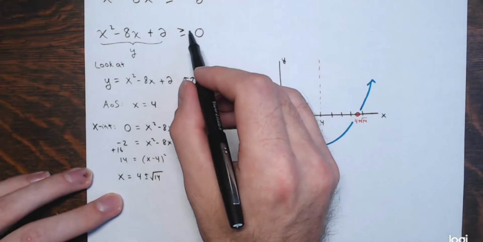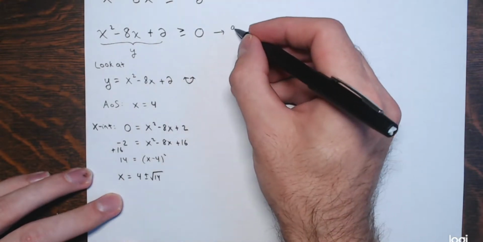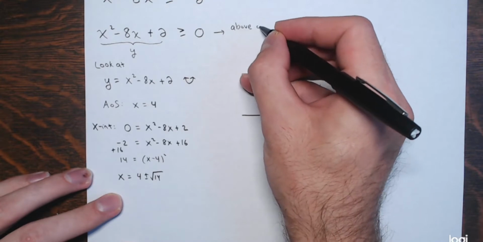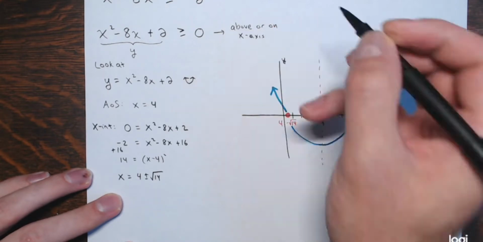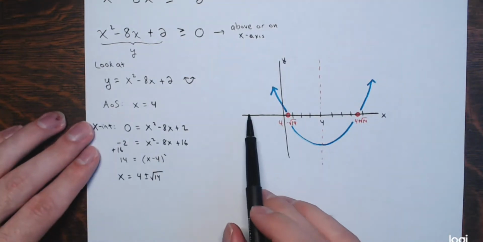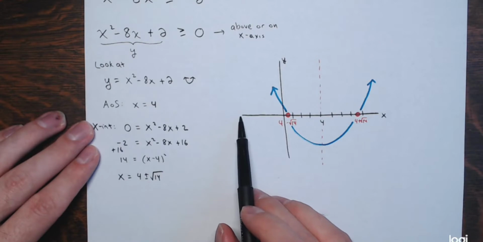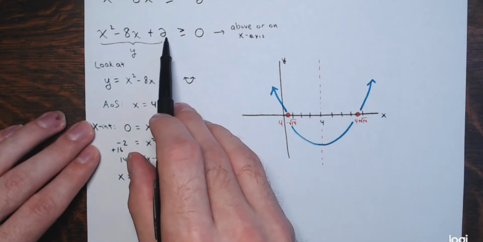Now greater than or equal to 0 means above or on the x-axis. For what values of x is this true? Well, again, only looking at x values here, what x values make this inequality true?